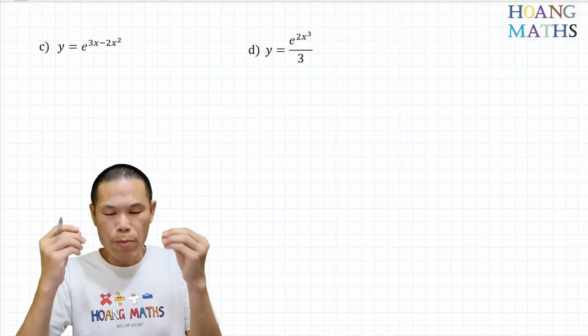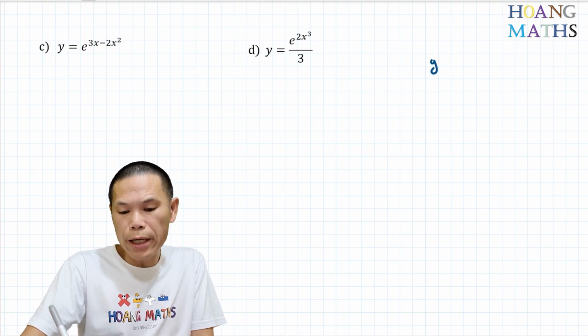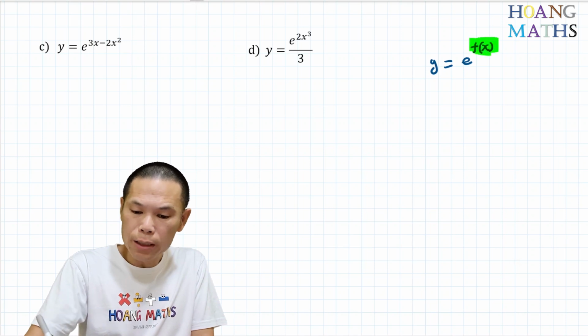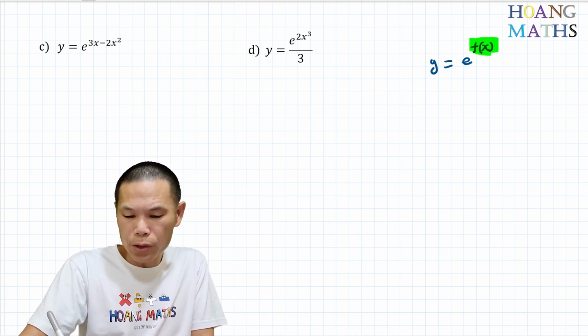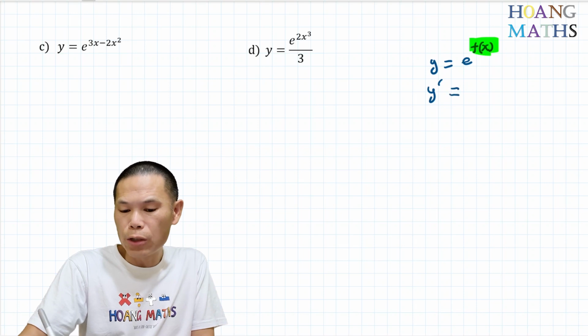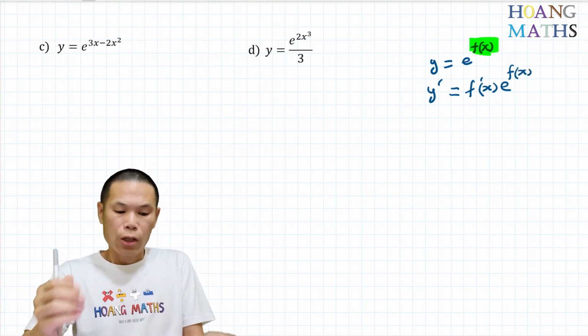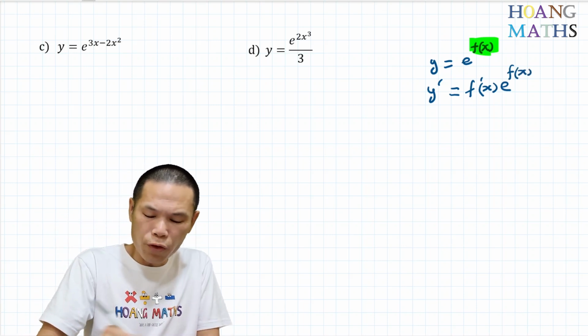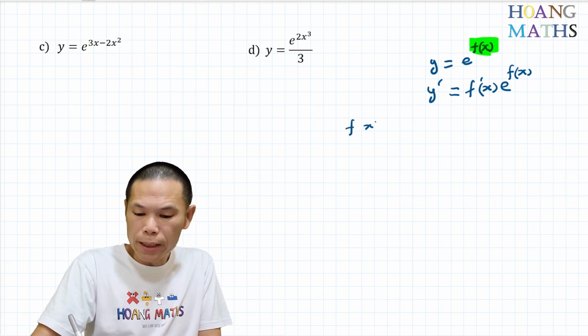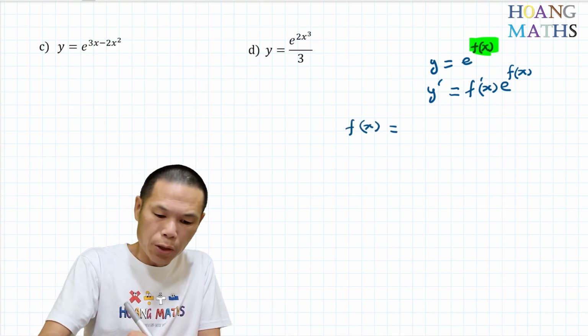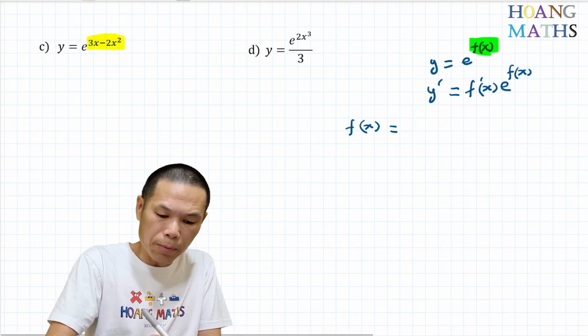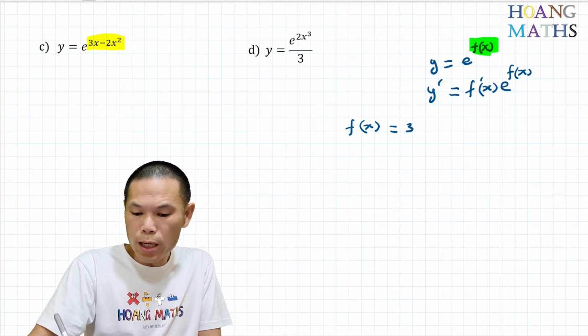Part C. Remember, the rule is y is equal to e to the f(x). We differentiate the power, that is f dash x. So y dash is equal to f dash x and then times by itself, e to the power of f(x). For part C, f(x) is equal to 3x minus 2x squared.